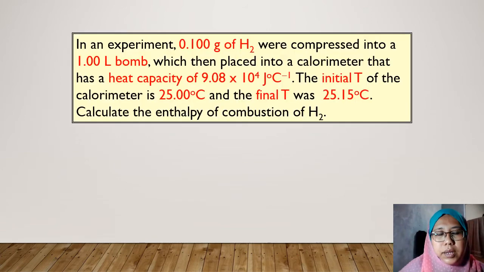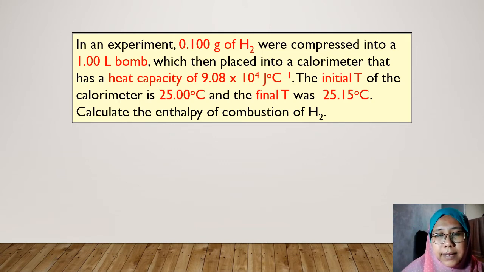Okay. In an experiment, 0.1 gram of hydrogen gas. Look at that, you are able to find the number of mole for hydrogen gas. It is compressed into a 1 liter bomb. So the amount of water in the calorimeter bomb is 1 liter.